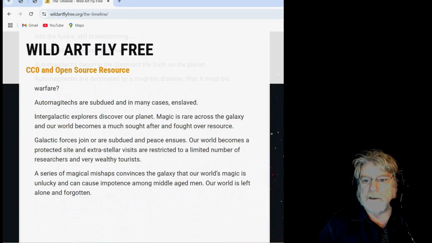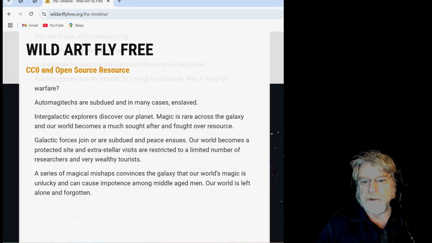So this is all into the future from what we're thinking about, but it's fun to think about what might happen. And if you want, feel free to build this part of our world too. Tell us what you think. Should we be playing with this? Okay, galactic forces join or are subdued and peace ensues.